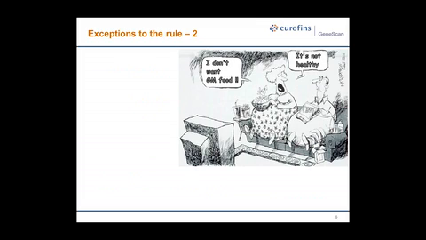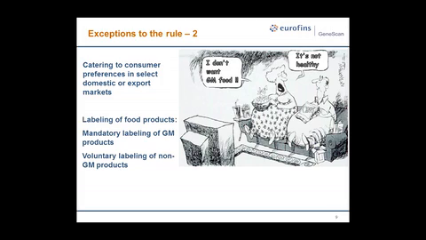Exception number 2 is catering to consumer preference, either domestically or in export markets. There are people who decide that they don't want GM food and they don't want to buy it. So to serve those markets, some testing is required. In the export market, you might be dealing with mandatory labels that say above X%, you must label if your product contains GM.